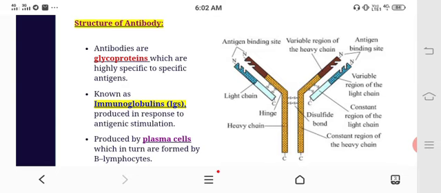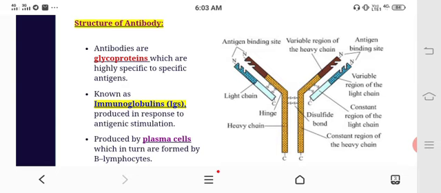Now each chain of the antibody includes two distinct regions. One region is the variable region.